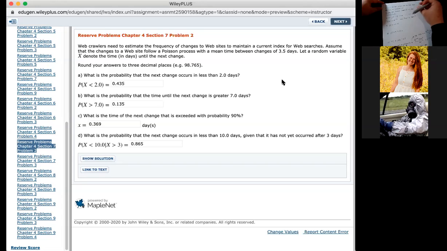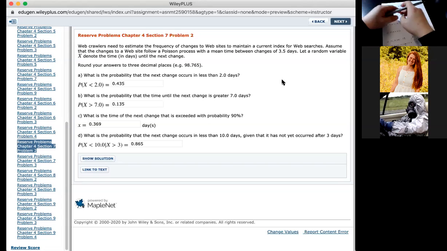These problems relate to the Poisson process, but they look at the random variable X. Random variable X doesn't mean the number of changes, but the time. So that's why this is a problem about the exponential distribution. You have to apply the exponential distribution.